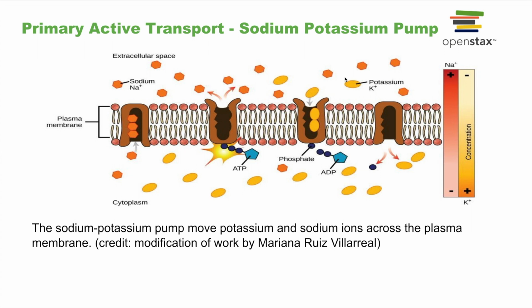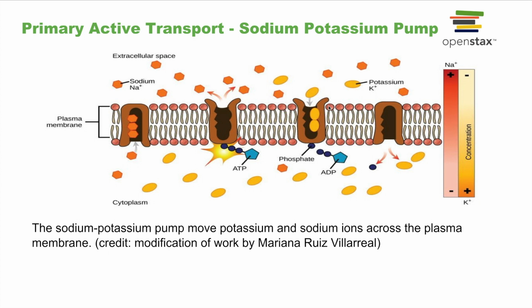Then on the other side, this channel also can bind potassium ions. It binds 2 potassium ions, and when ATP breaks from being ATP to ADP and phosphate, it changes its conformation again. It changes shape, and then it allows the cell to bring in these 2 potassiums inside.